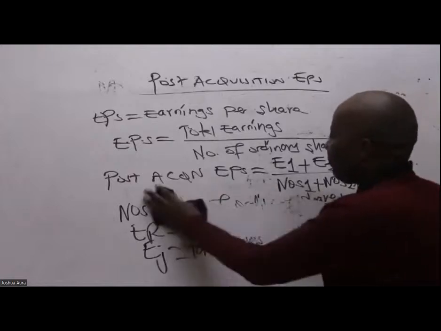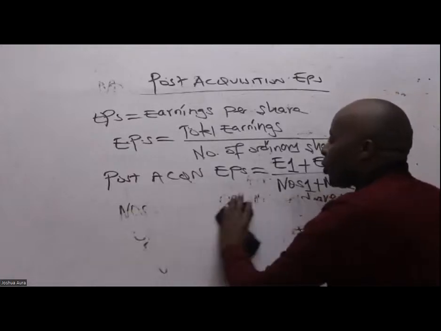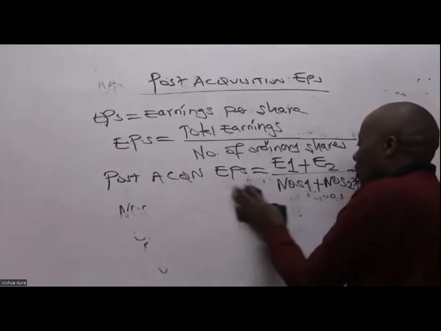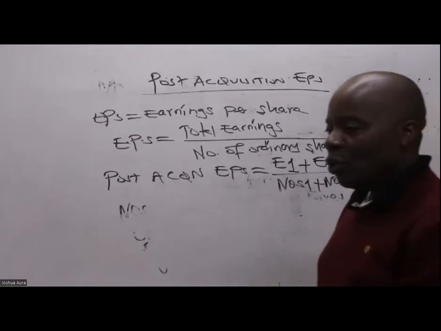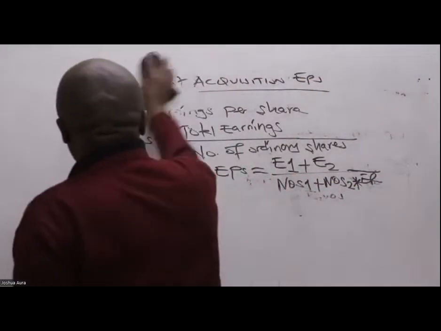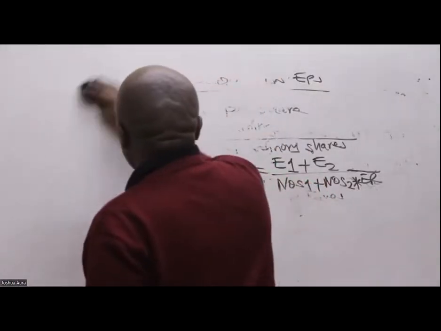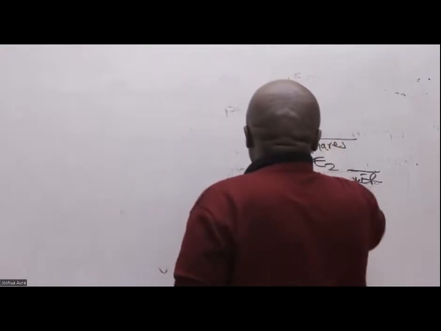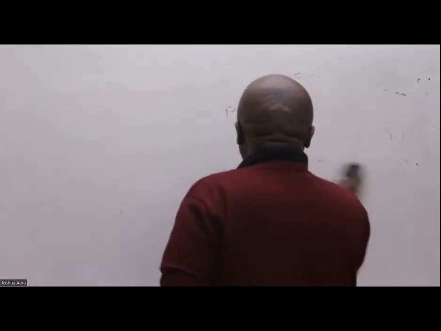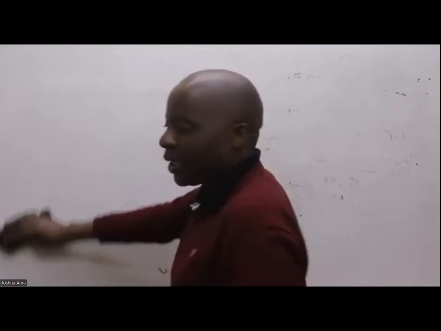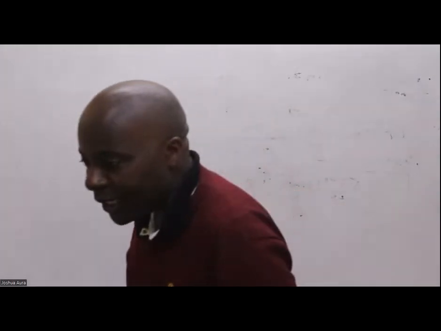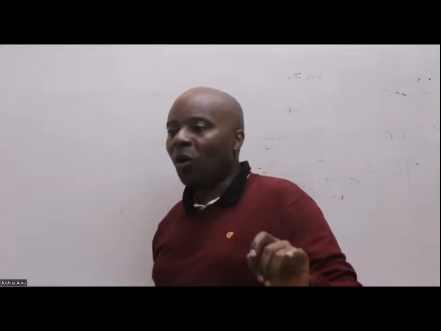Now, there are two types of exchange ratios. E-J stands for earnings: earnings of company 1, earnings of company 2.